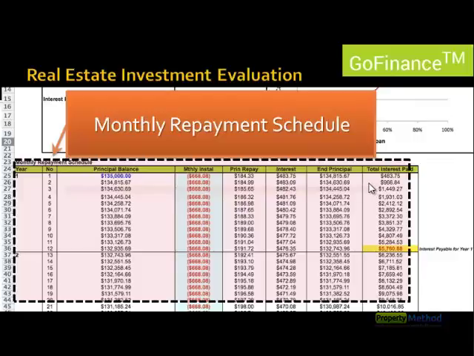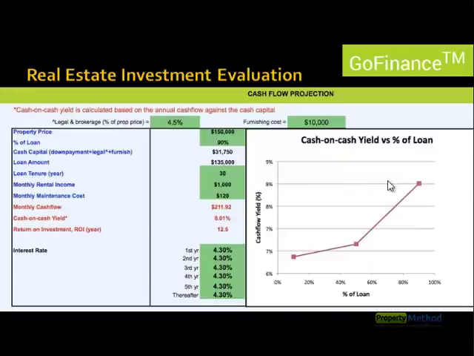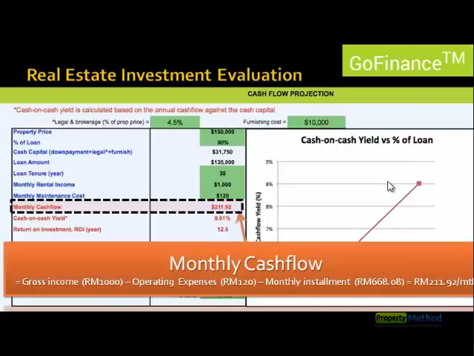Okay. Let's go back to the next numbers that we can get from the analysis. This is the output, the result of the analysis after we key in all the green color field. Monthly cash flow after deducting operating expenses and monthly installment from the gross income, it gives us a positive cash flow of 211 ringgit 92 cents every month for this case of the apartment from Mr. Seller.